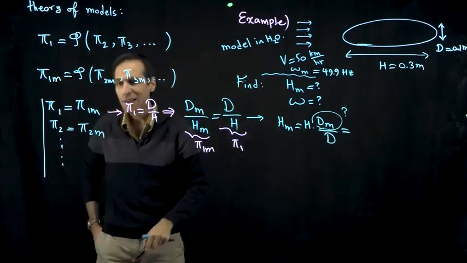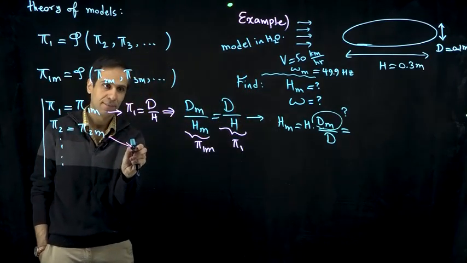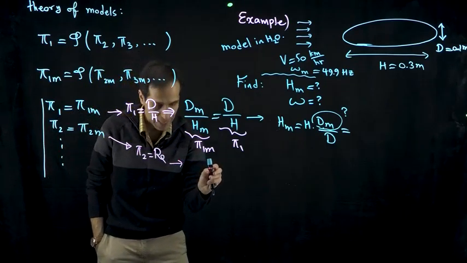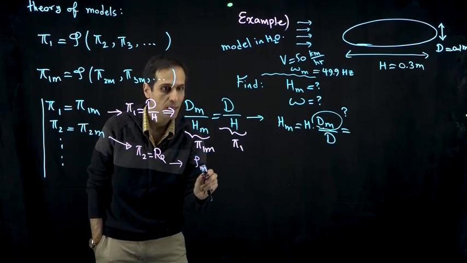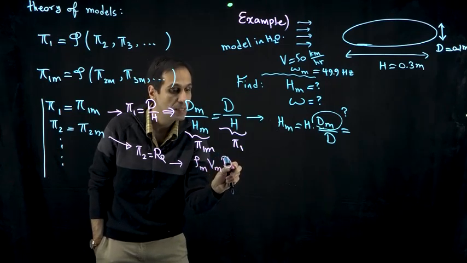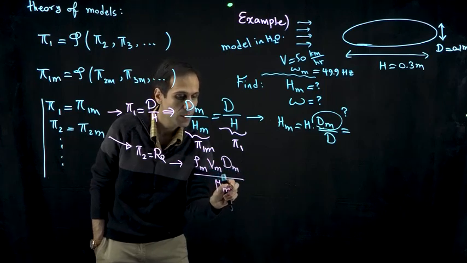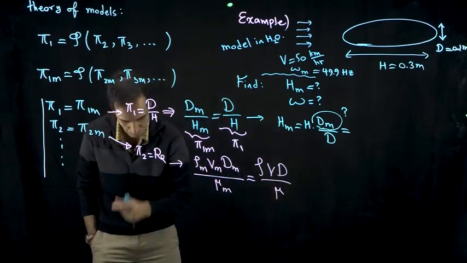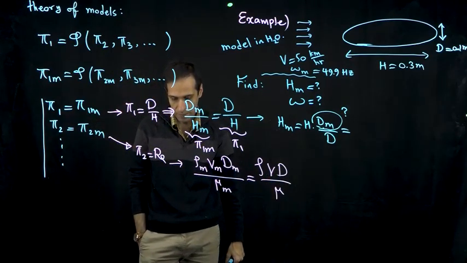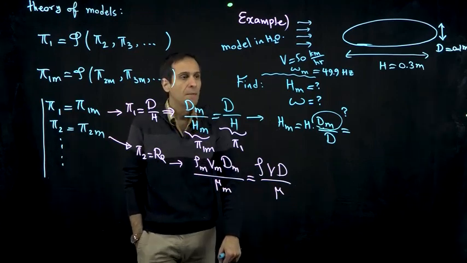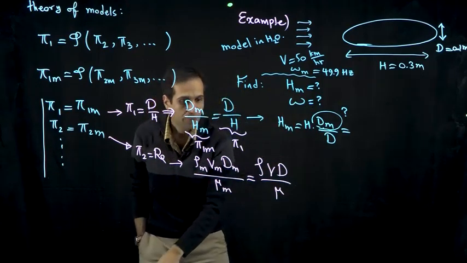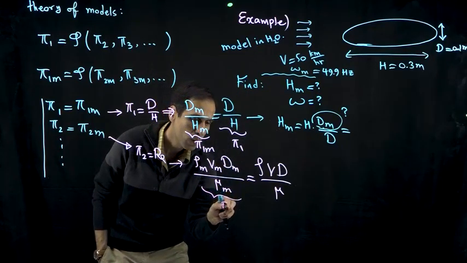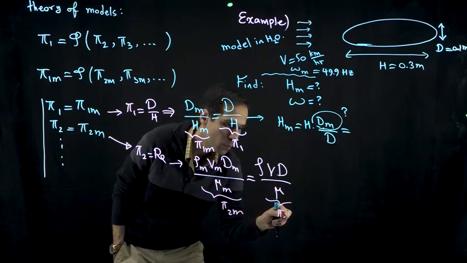So I need to take advantage of the second one. Pi 2 is the Reynolds number. Therefore, I would say that rho model, V model, D model divided by mu model is equal to rho V d divided by mu. So this is pi 2 model, this is pi 2.